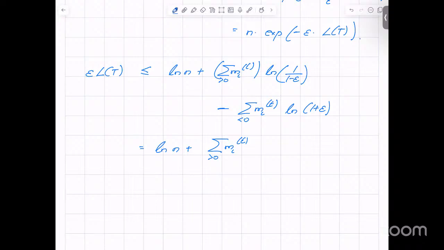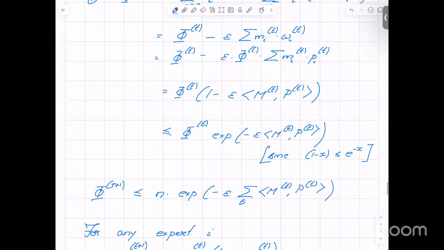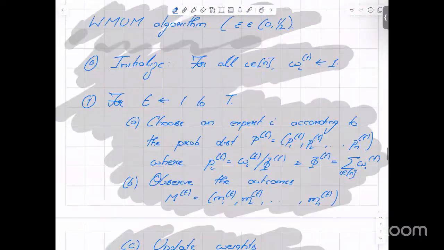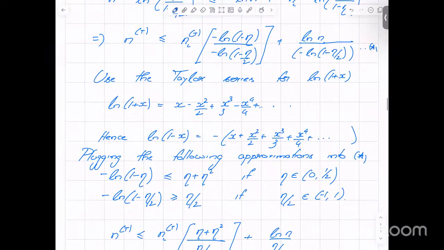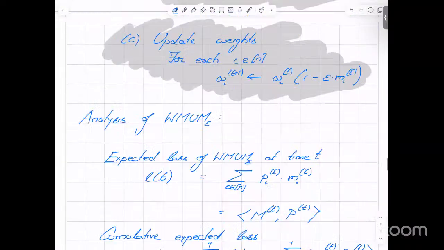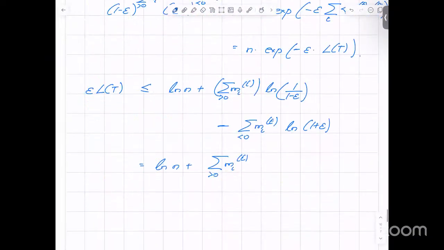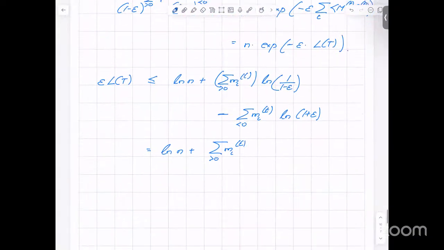What was an upper bound? We already saw an upper bound. Where was that? Minus ln 1 minus eta is bounded by eta plus eta square. So let's just use that upper bound: epsilon plus epsilon square.